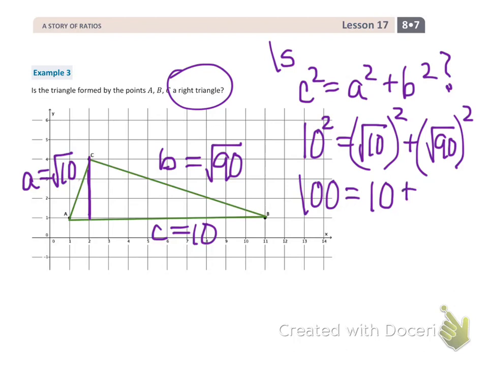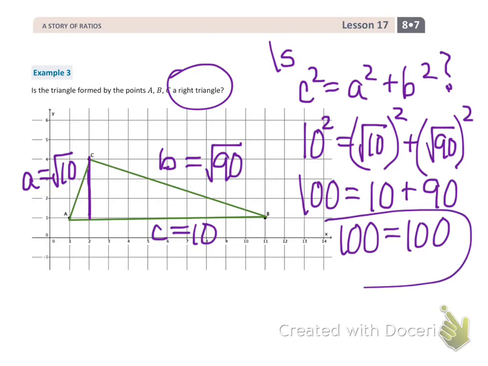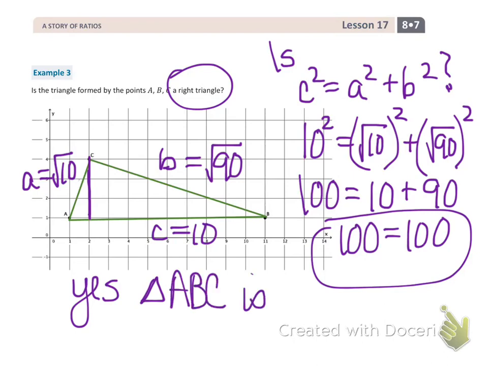Square root of 90 squared is 90 for the same reason. So I end up with 100 is equal to 100. And this is a right triangle. Okay, pretty cool. So yes, triangle ABC is a right triangle.